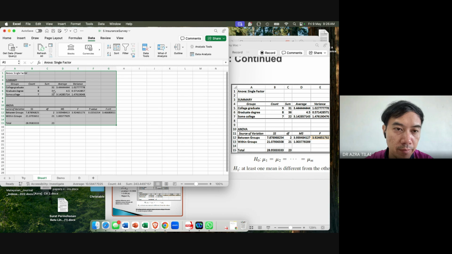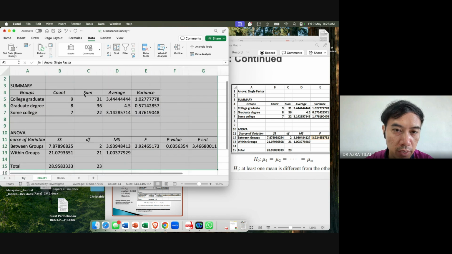They get the sum, then this is the average, and this is the variance. So the variance is provided already.